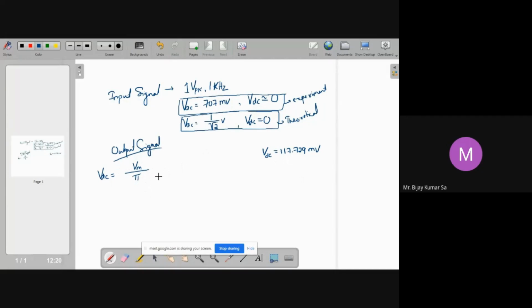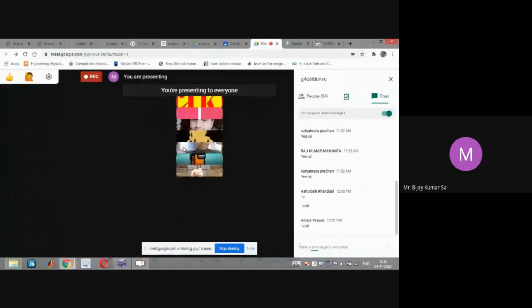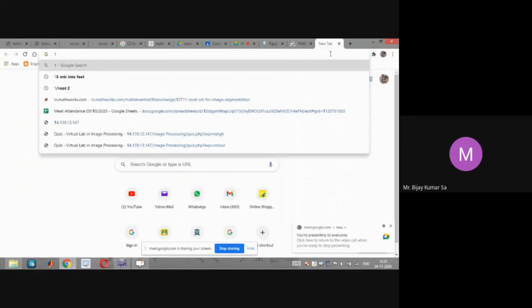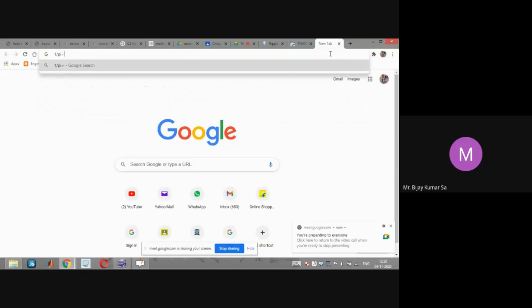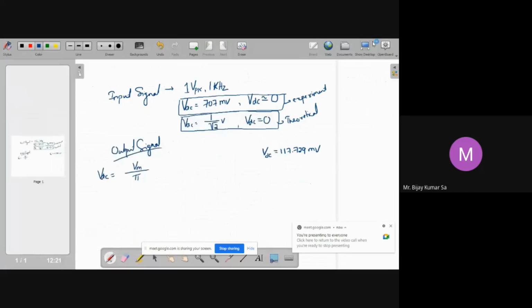See how much 1 upon pi is. 0.318. 0.318. So why are you getting 0.318? Anybody?